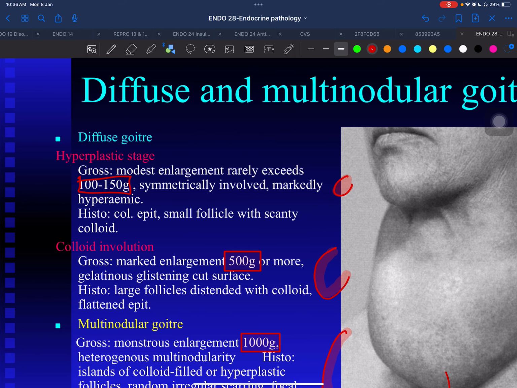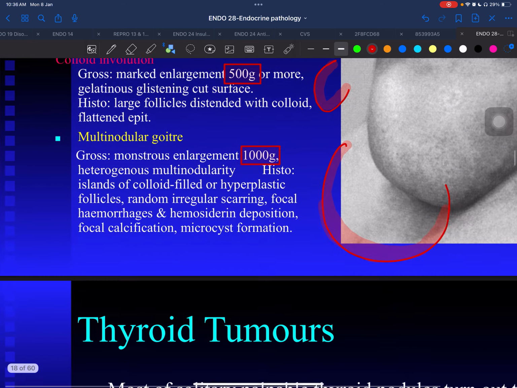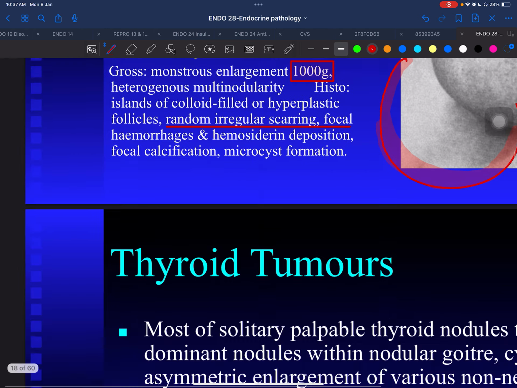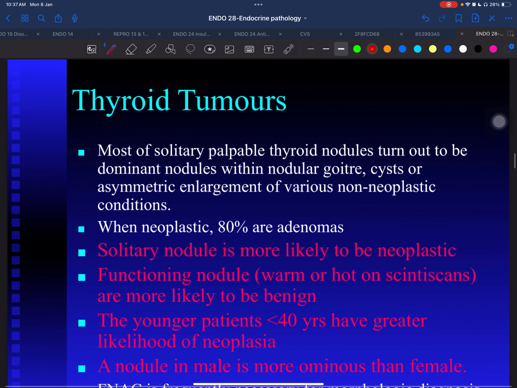There can be hemosiderin deposition. There can be calcification, and there can also be cystic degeneration. There are cystic changes in the thyroid gland. So if there are cystic changes, hemorrhage, it can cause pain. Sometimes you can have pain. Okay, that's all on the goiter. So it's just benign. It just may cause problems.